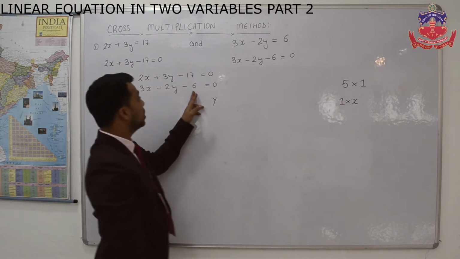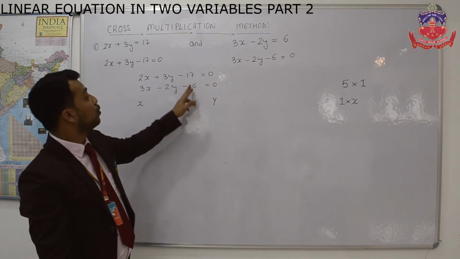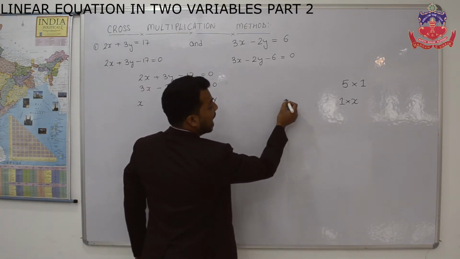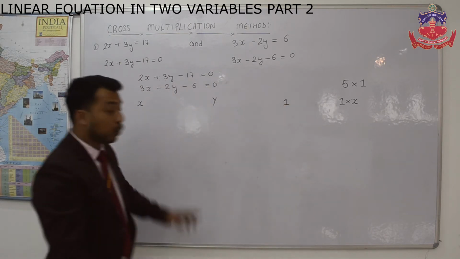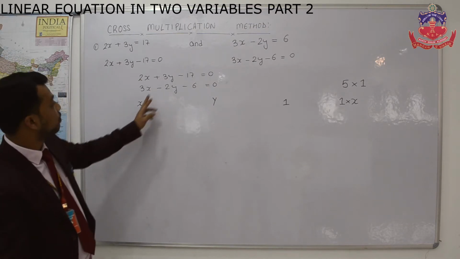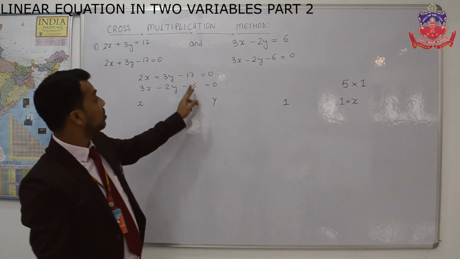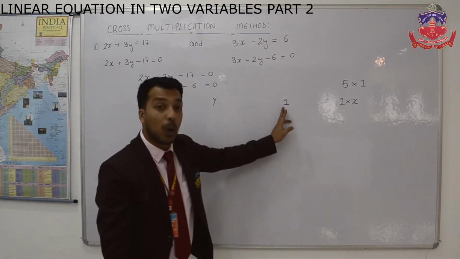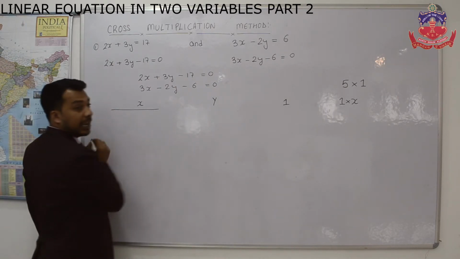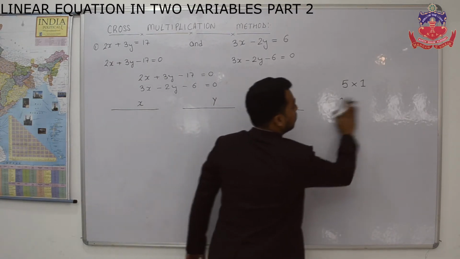Similarly, out here, since in front of the constant we do not have a variable, we can take the variable as 1. So what we have done is, we have taken from the left hand side the first variable, x, the second variable, y, and in the constant we didn't have a variable, so instead we have taken it as 1. Once you have done that, we divide this, x this way, 1 this way.